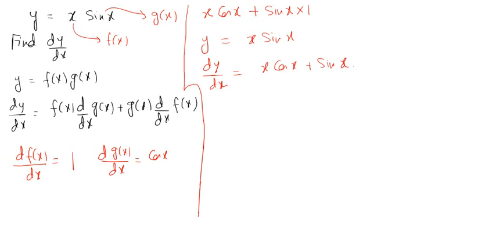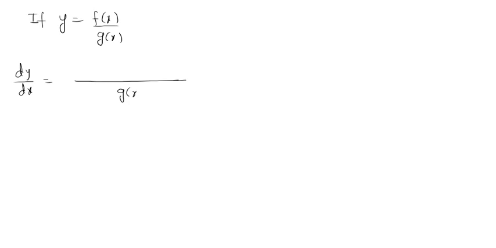Alright, let us now discuss the quotient rule for derivatives. So the rule says that if y is equal to f(x) by g(x), then dy by dx will be equal to 1 over g(x) square into [g(x) into d by dx of f(x) minus f(x) into d by dx of g(x)].